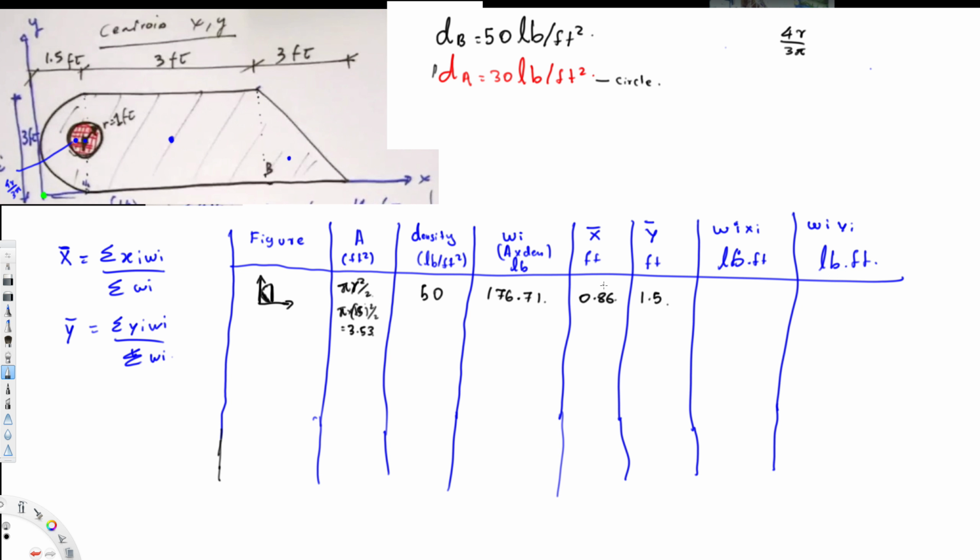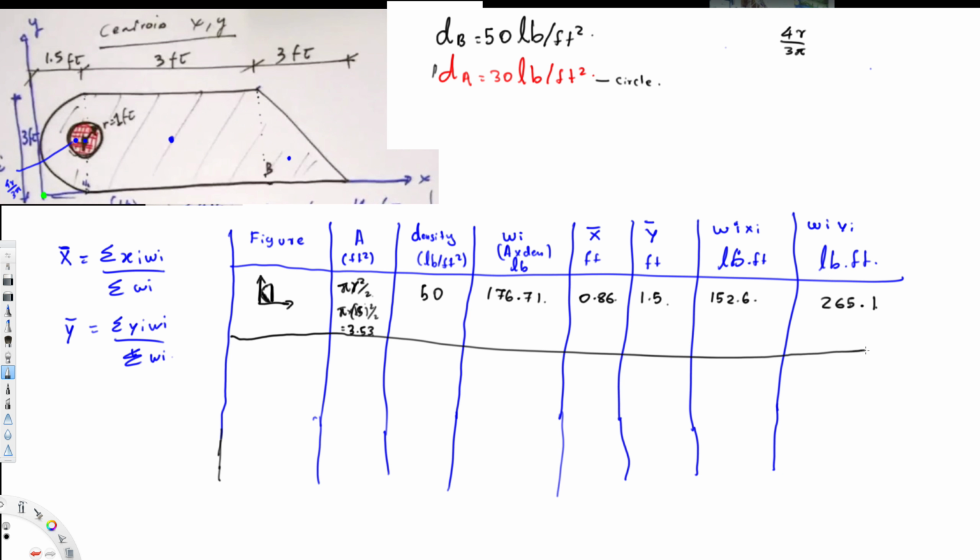Wi is here, x bar is here, so we can say x bar or xi is the same thing. If I multiply, I will get 152.6. Then Wi times y bar is going to be 176.71 times 1.5, which will give us 265.1. Then we are done with the circle now.